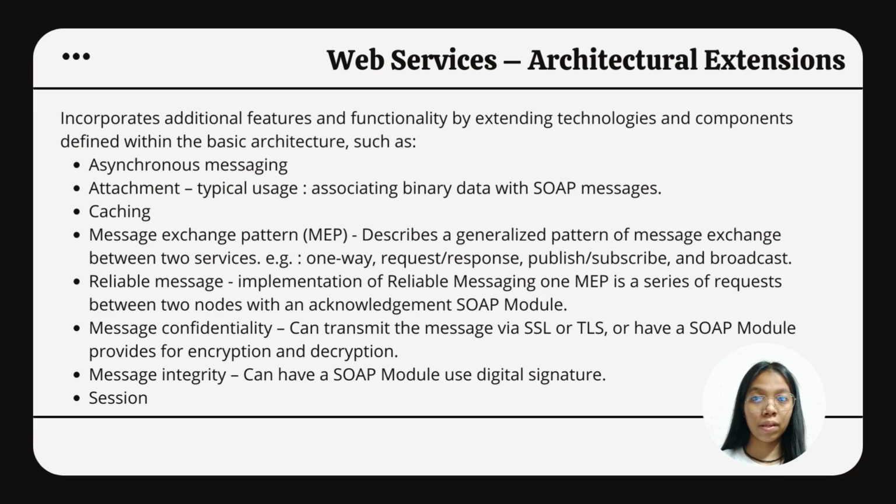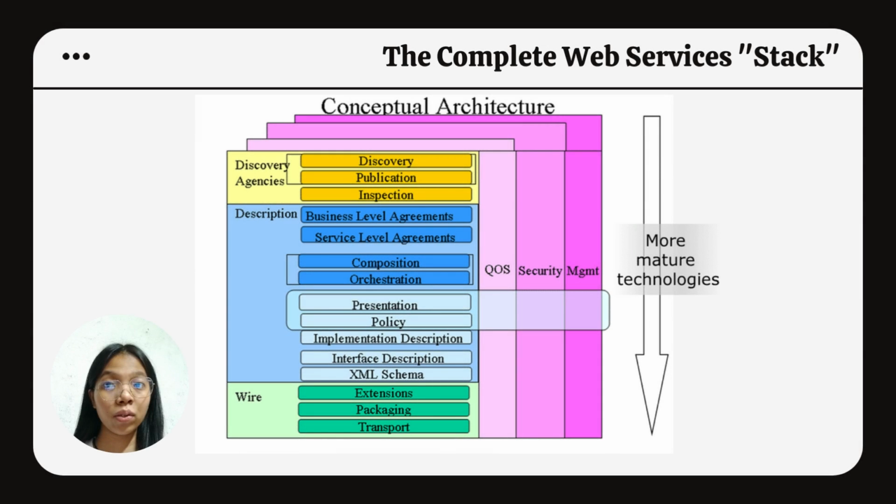Next is message confidentiality, which can transmit the message via SSL or TLS, or have a SOAP module provide for encryption and decryption. For message integrity, a SOAP module can use digital signature, and the last one is session. This is the conceptual architecture of the service stack.